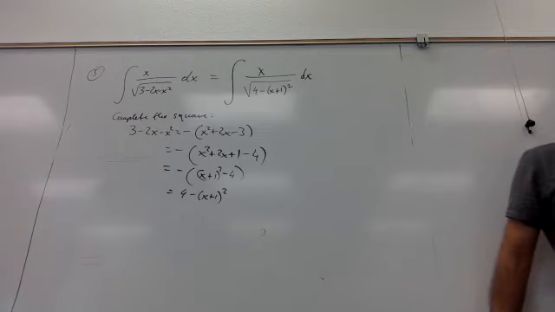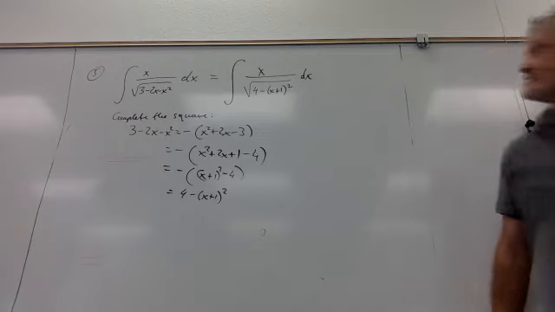This looks much better. So at the end, I have the following integral of x over square root of 4 minus x plus 1 squared. So what is this? This is now sine substitution. So how do we do that?